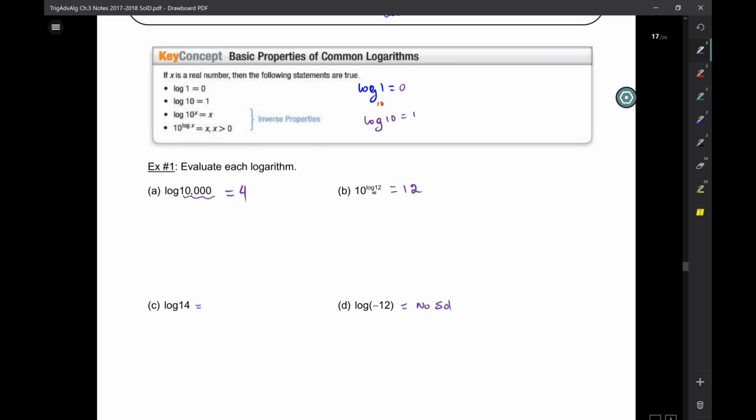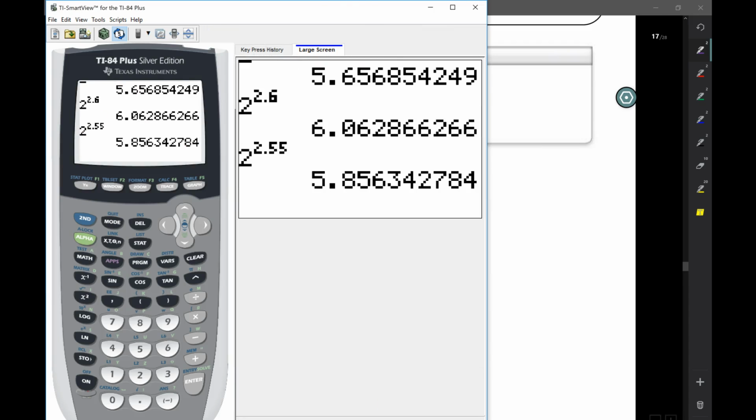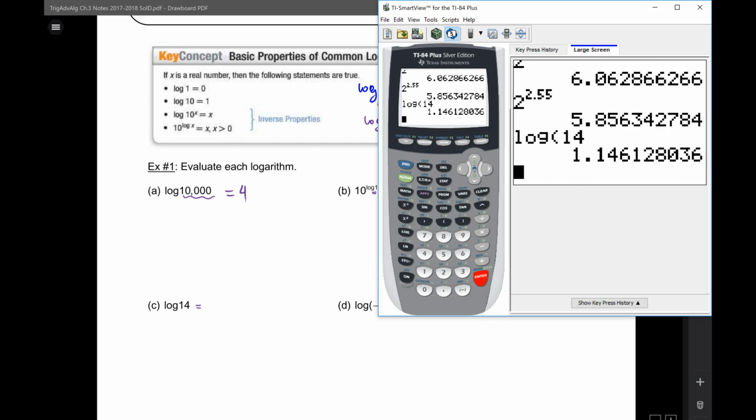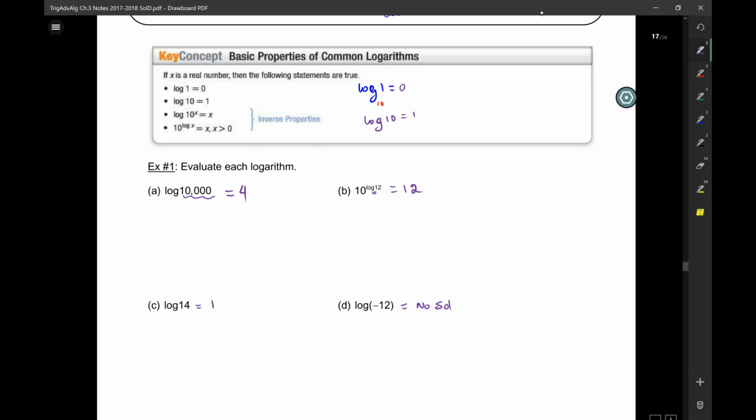Okay, log 14. Let's go on our calculator. So, hit log 14. Okay, with logarithms, we always go to 3 decimal places. So it's going to be 1.146. Always 3 decimal places.